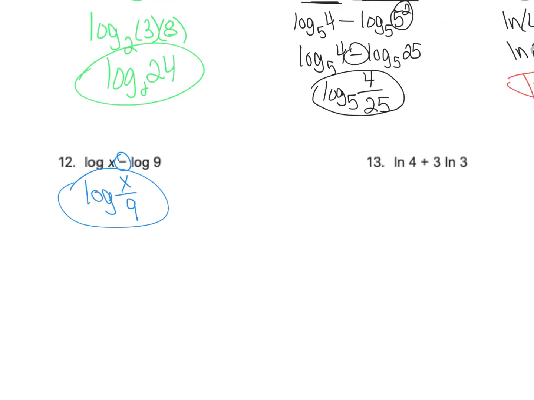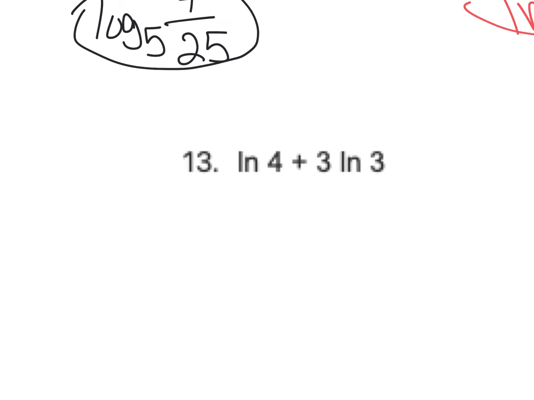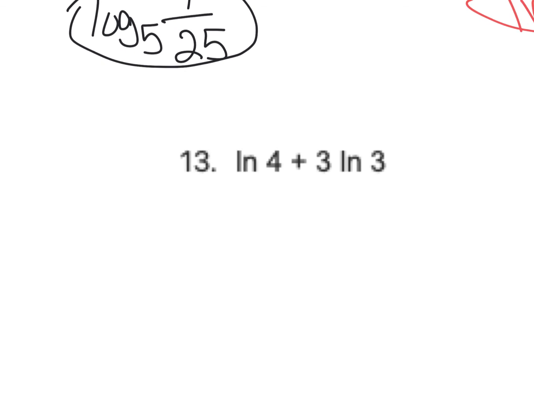Now let's look over here at our last question. Hopefully you notice there isn't anything out in front of that natural log that we have to worry about. However, we have a 3 out in front of this natural log, which means that 3 needs to be dealt with first to become its exponent. So this natural log of 4 doesn't change.